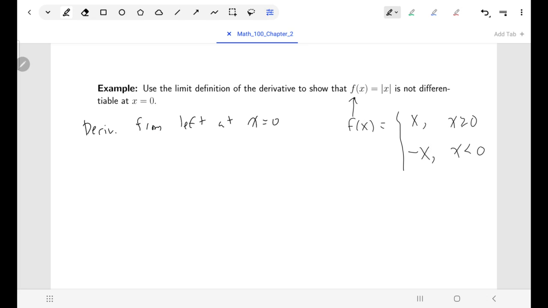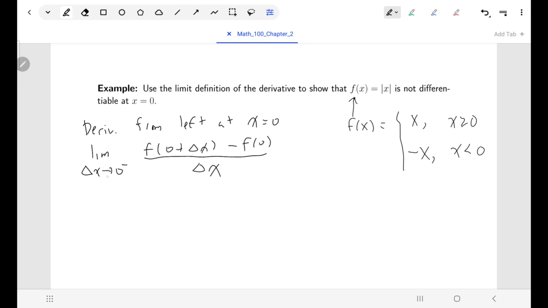So if I'm looking for my derivative from the left at x equals 0, that's the limit as delta x approaches 0 from the left of f of 0 plus delta x minus f of 0 over delta x. So now I can do a little bit of cleaning up here.